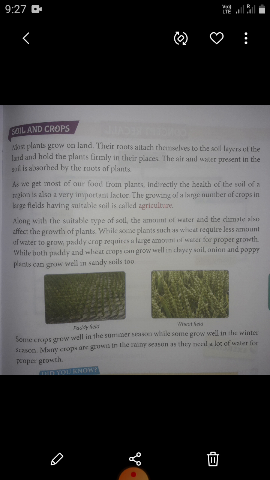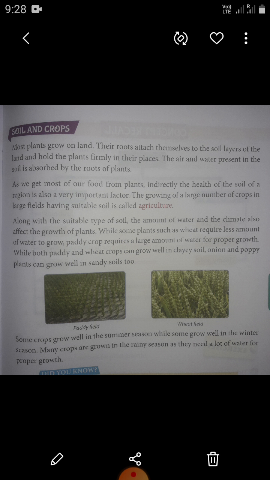Soil is a mixture of humus and rock particles. Along with the suitable type of soil, the amount of water and the climate also affect the growth of plants. While some plants such as wheat require less amount of water to grow, paddy crops require a large amount of water for proper growth.